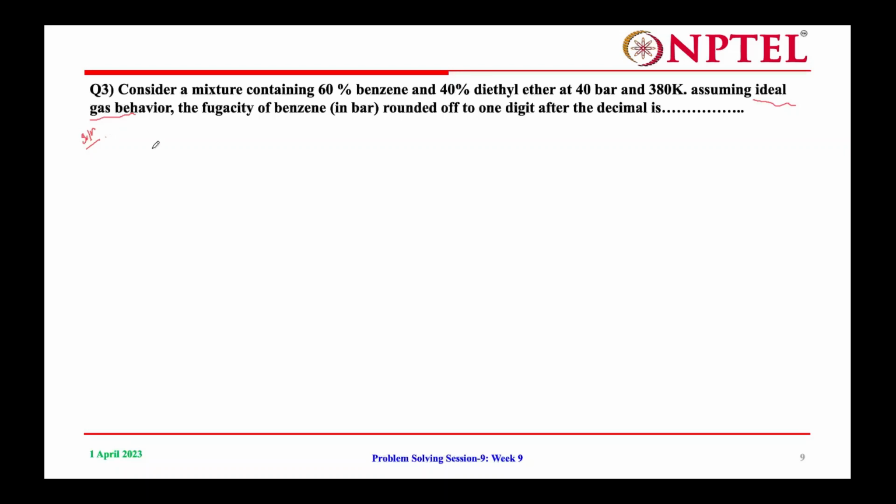So we know the equation to solve at ideal gas conditions. The fugacity of benzene is equal to yi into P, right?